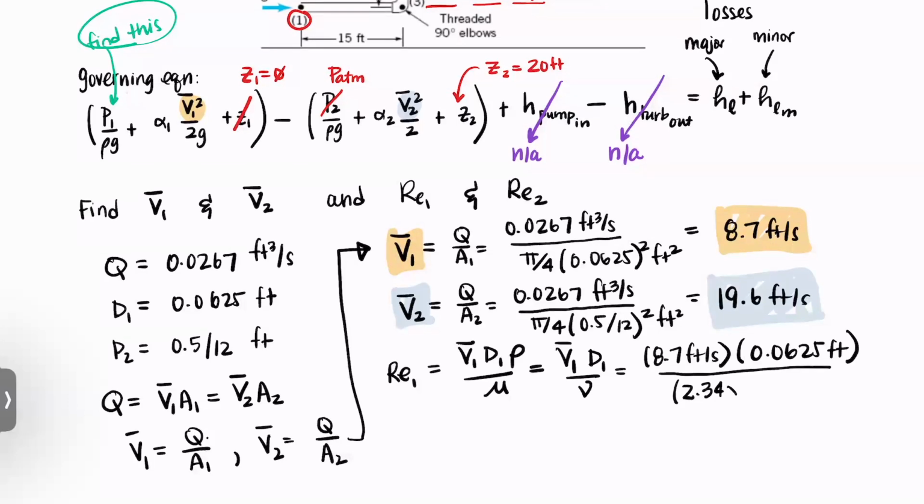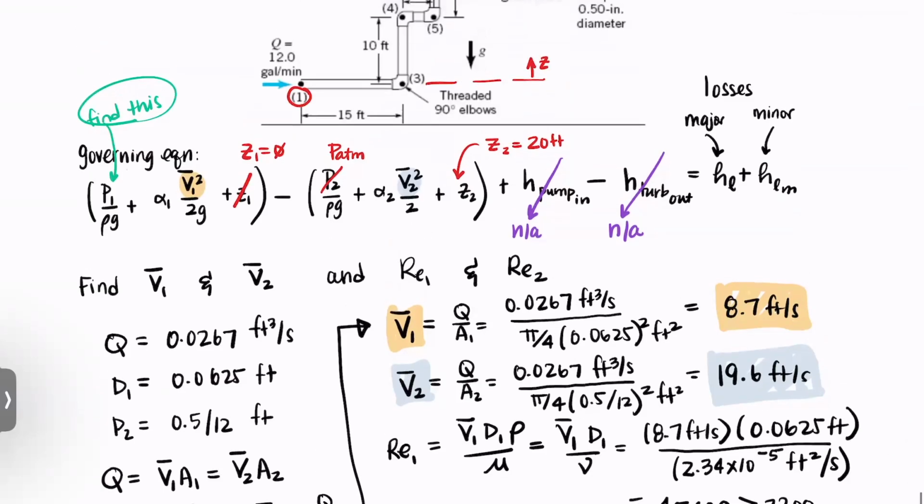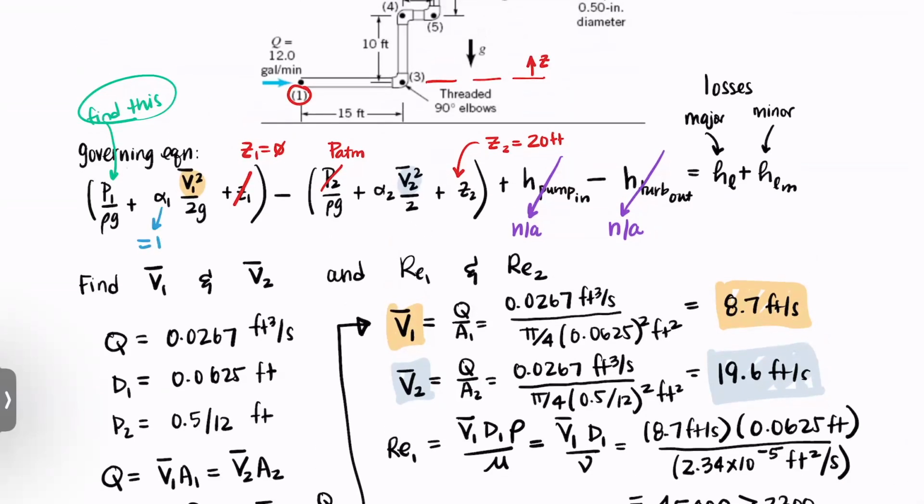This is 2.34 times 10 to the minus 5 square feet per second. And this equates to 45,000. So what do we think about turbulent versus laminar? Turbulent. So this is greater than 2,300. So this is turbulent, which means that we are going to select alpha 1 equals 1. So this is equal to 1.